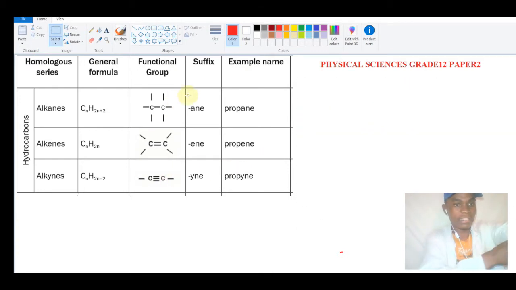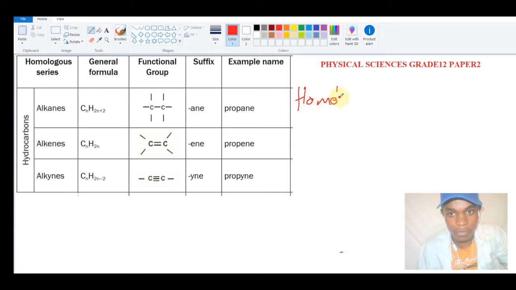The first term that I want us to look at here is a homologous series. What is a homologous series? We have already covered hydrocarbons.